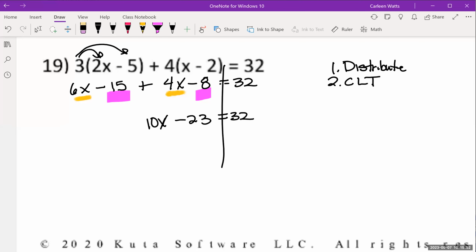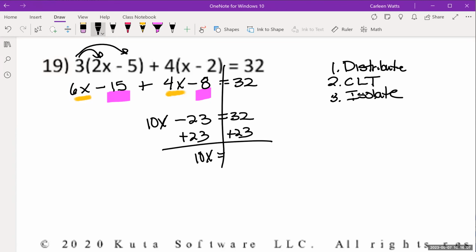Okay, step 3, isolate. Add 23 to both sides. And we get 55.